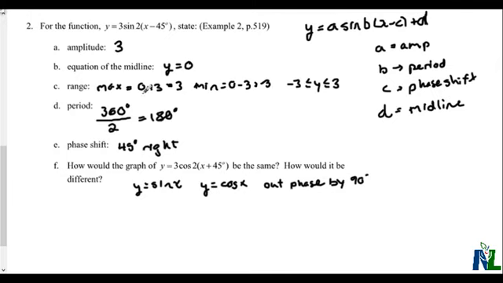So we've actually increased that phase shift by another 90 degrees. So the two of these would be out of phase by 135 degrees because we've got that base of 45 plus 90. So the two functions are 135 degrees out of phase.